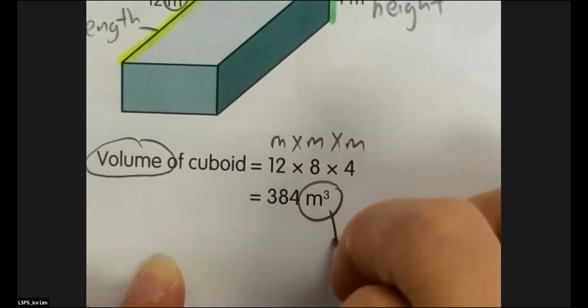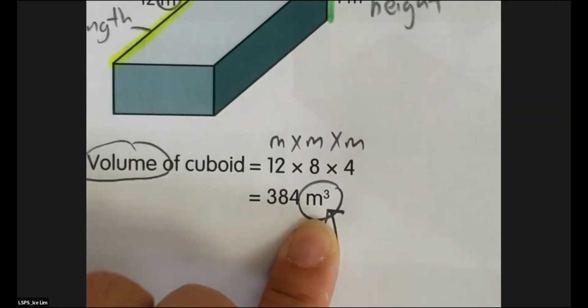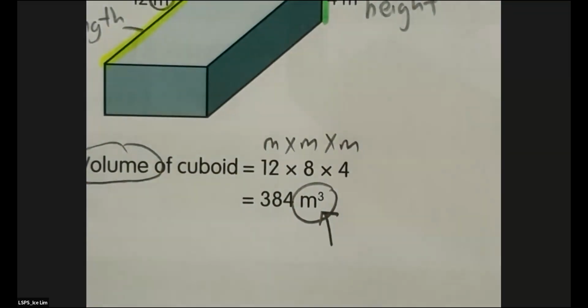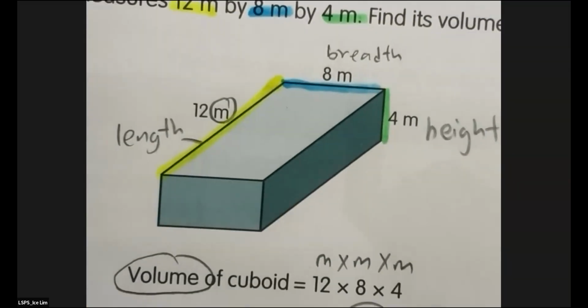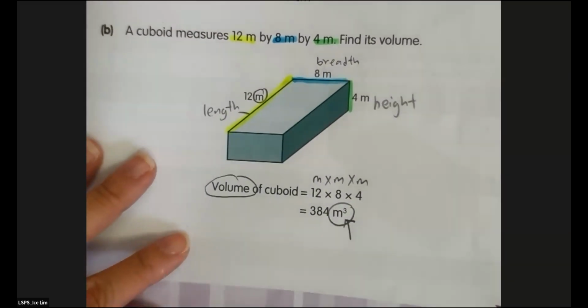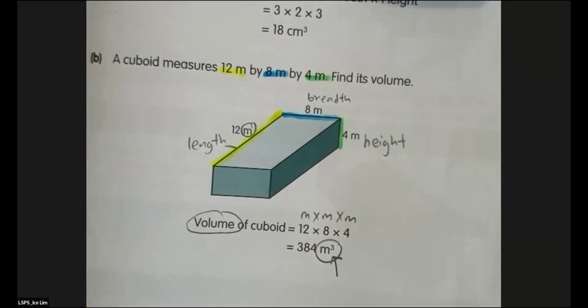That's why I have this cubic meter. Can you understand? This is in your textbook, page 127. So you find the volume of the cuboid by multiplying these 3 dimensions, these 3 measurements together.